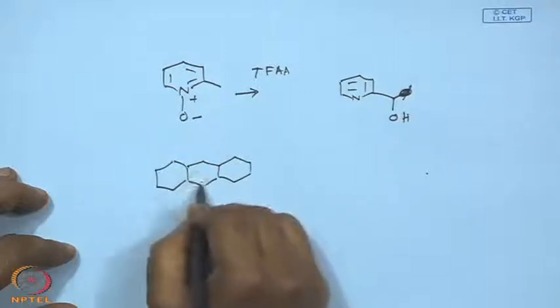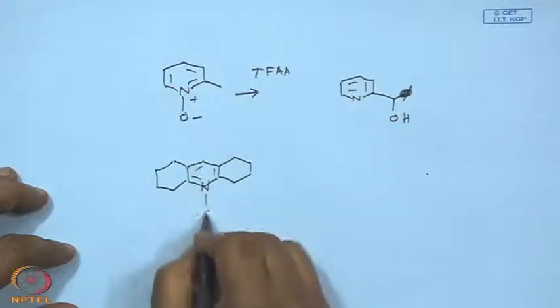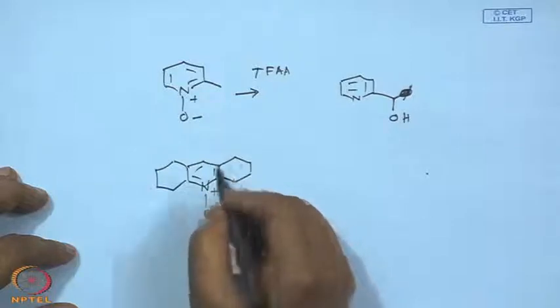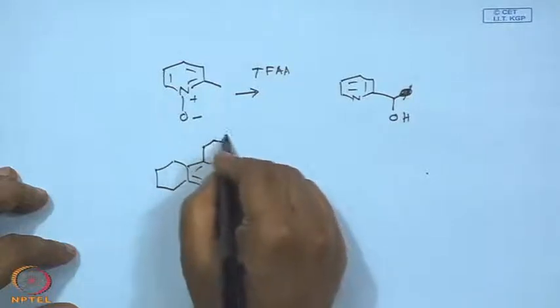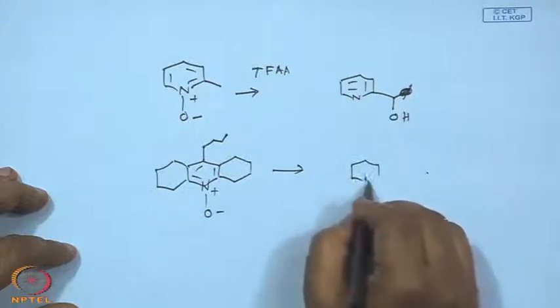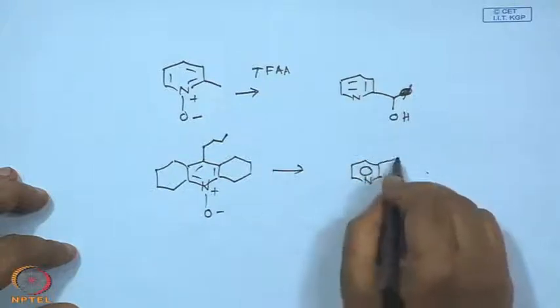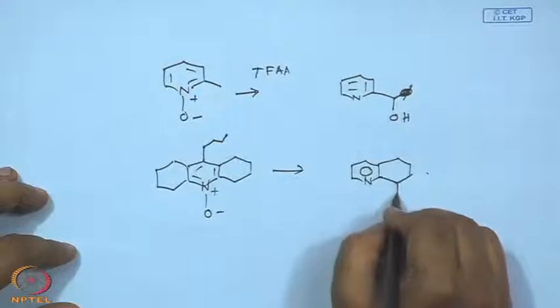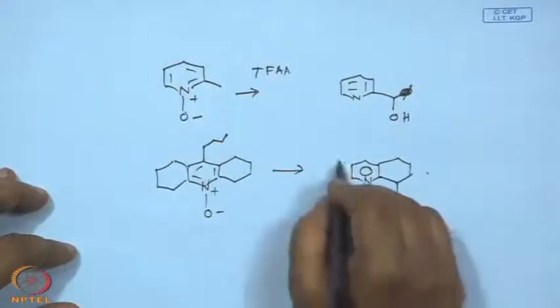or more precisely, for example, if you have a system like this, and you have, let us say, a group here, and you do the similar treatment, the central ring would be pyridine, but only this ortho substituent will be converted to the hydroxy.